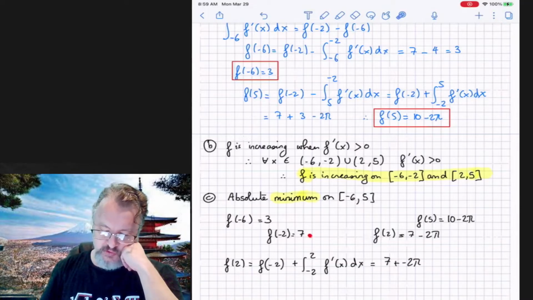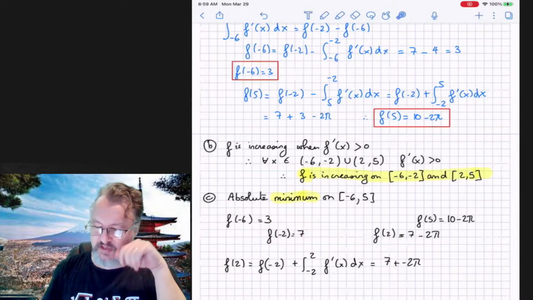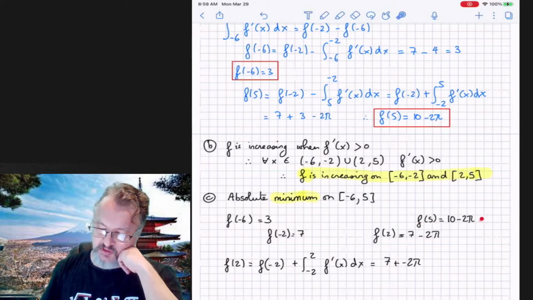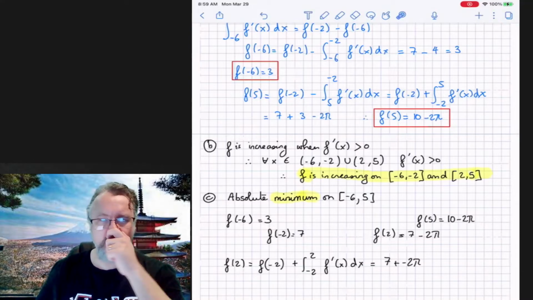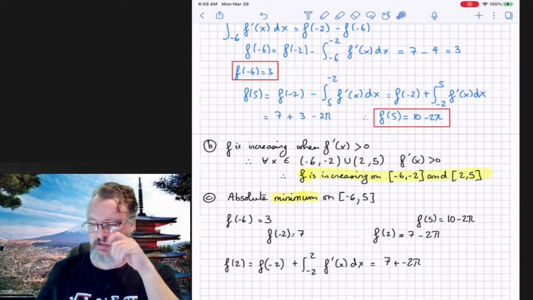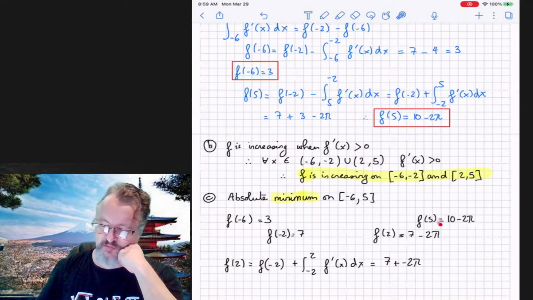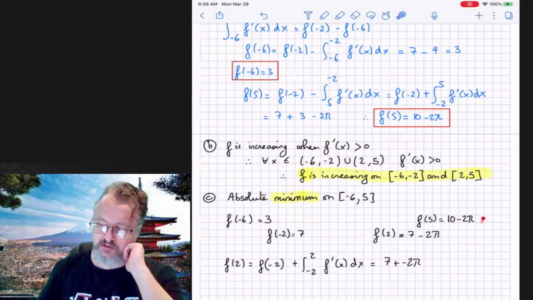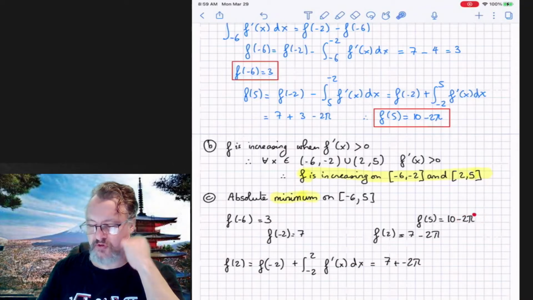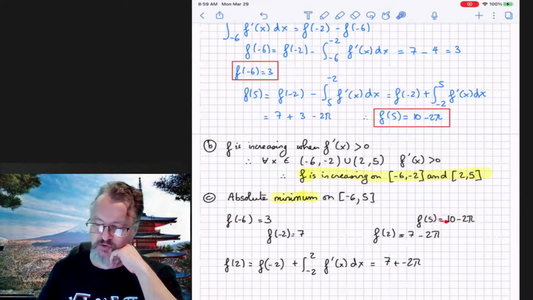So between those two, that's going to be 3. Between this one and this one, well, we can say that pi is about 3.2 to make sure that we're good, right? So that will be 10 minus 2 times 3.2. So that's going to be 6.4. So 10 minus 6.4, 3.6. So this is still smaller.